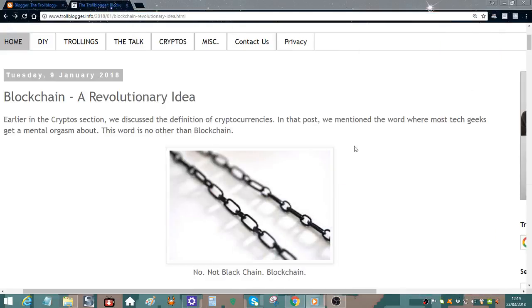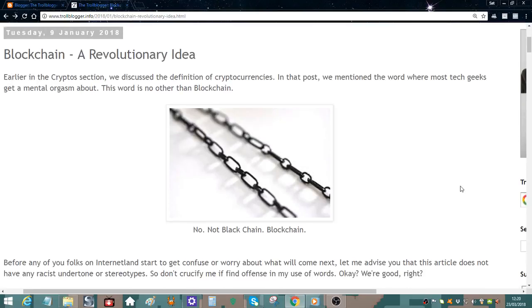Earlier in the cryptos section, we discussed the definition of cryptocurrencies. In that post, we mentioned the word where most tech geeks get a mental orgasm about. This word is no other than blockchain. No. Not blockchain. Blockchain.